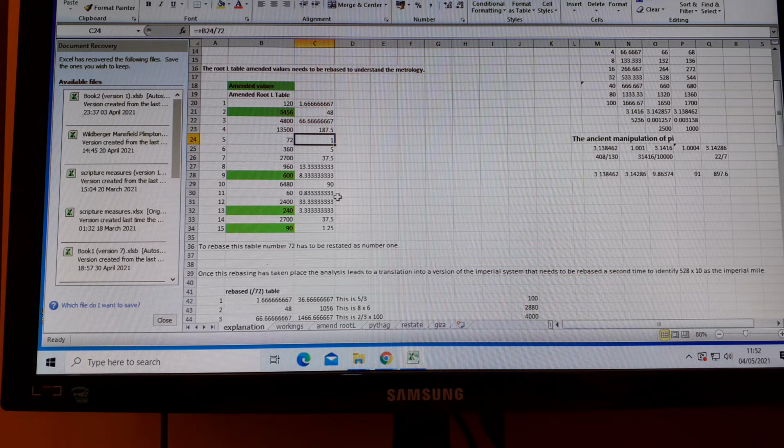Line 10 is 90, and we can start to see what we're working with, but the important value is line 11, where we're working with 60, and that translates to 0.833, because that is such an important unit. It's 10 divided by 12, so it's a translator from base 12 to base 10, and that we see all the time. And this is a table of base 100 values.